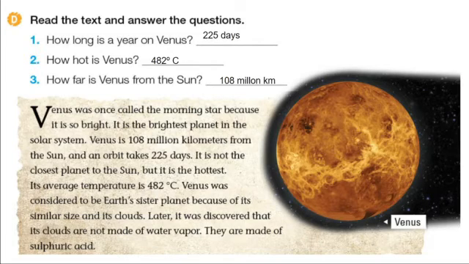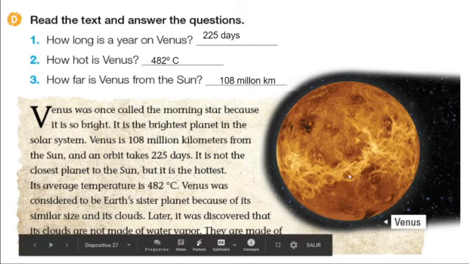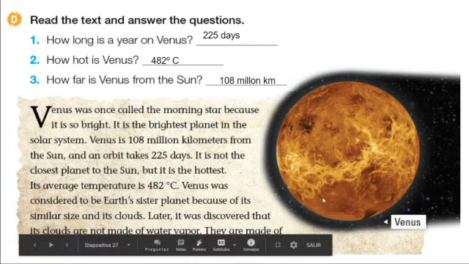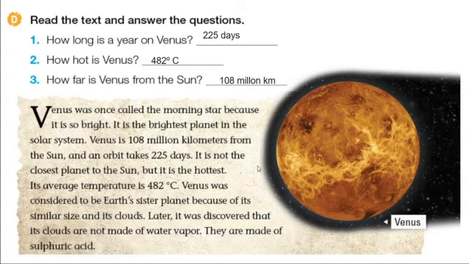Entonces dice que se le consideraba a Venus como la hermana de la Tierra, porque se parecía en size, tamaño, y por las nubes. Pero después descubrieron que sus nubes no eran de vapor de agua, sino eran formadas por ácido sulfúrico.